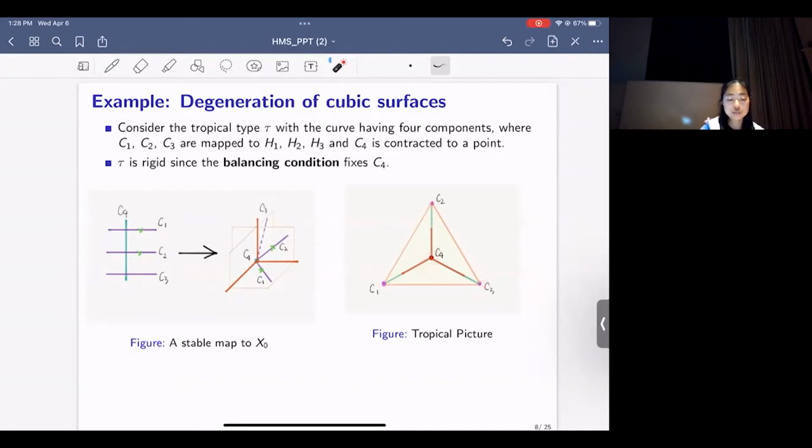Since we contracted the component C4, the contact orders associated to it should satisfy the balancing condition, and the balancing condition fixes C4 to lie in the middle of this triangle, which is the dual intersection complex of the central fiber. So we cannot move this point around, and this is an example of a rigid tropical type.